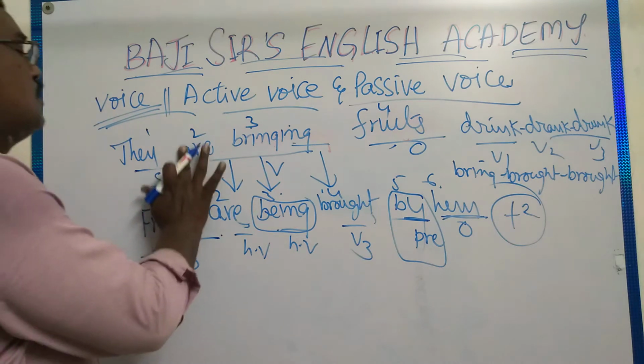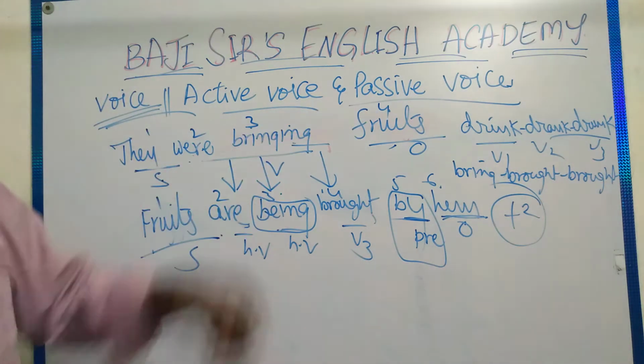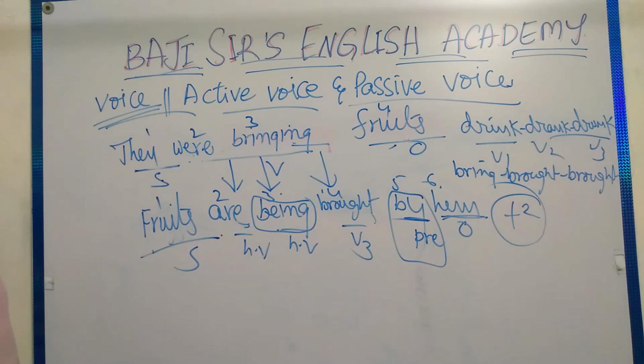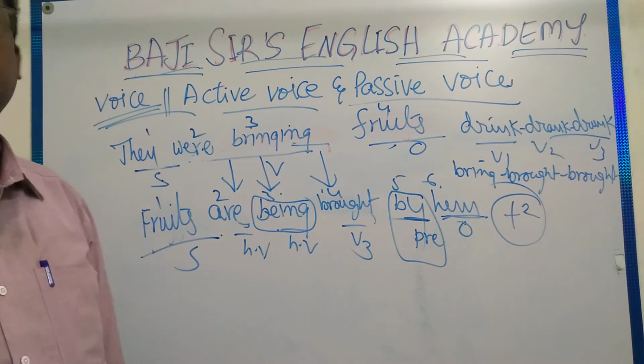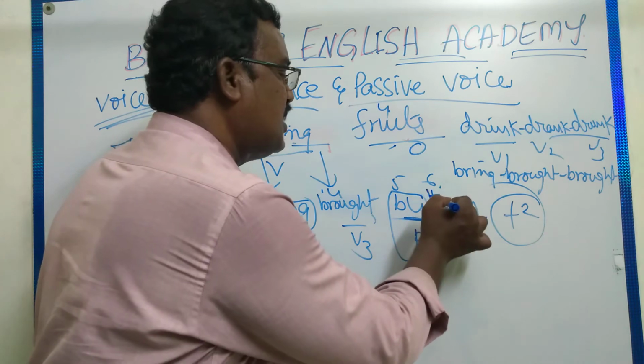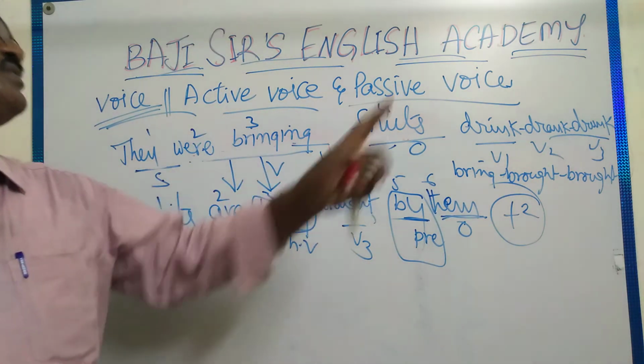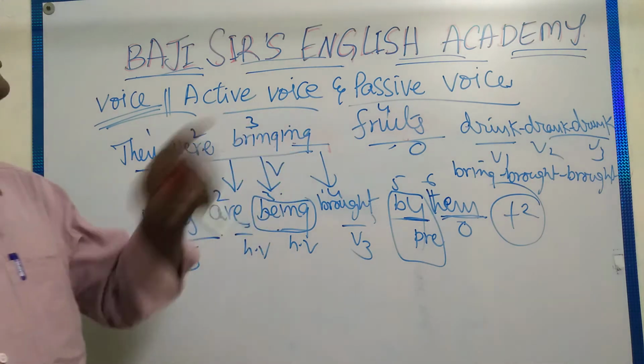Now see here, plural. Here past tense we are going to learn. They were bringing fruits. Now my dear friends, here they is there, automatically here also we have to change it into them. Now come to the point. They were bringing fruits. This is a past continuous tense.